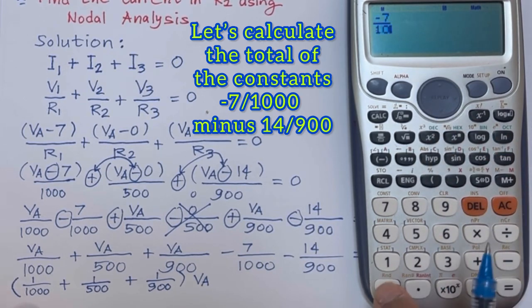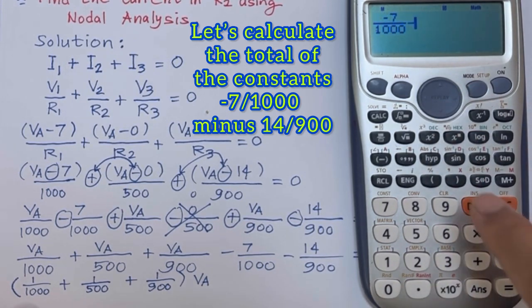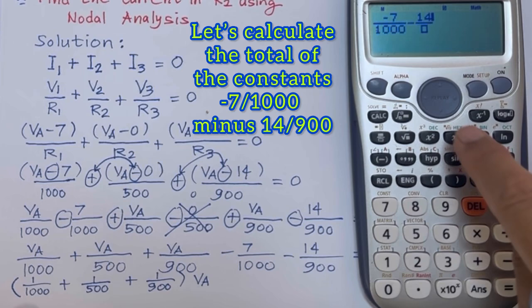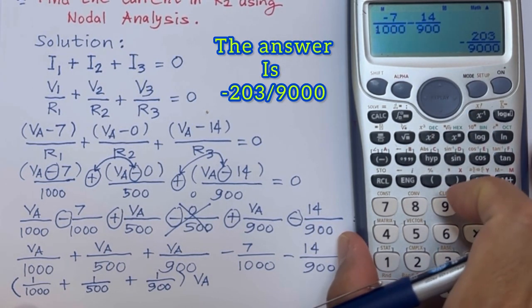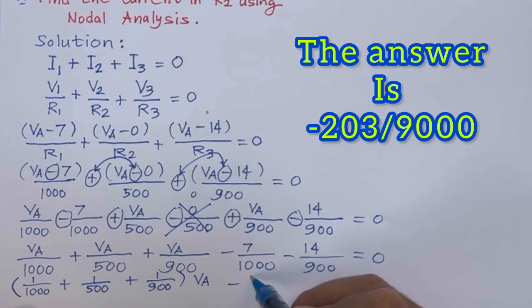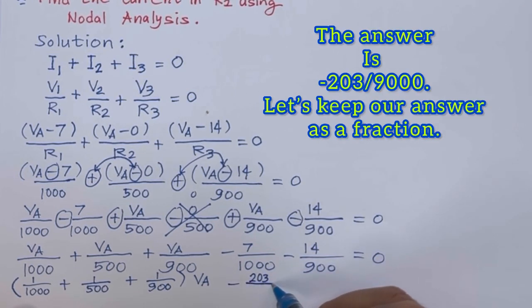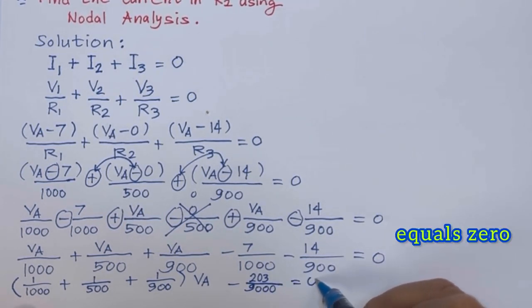So using the calculator, we got negative 7 over 1000 minus 14 over 900, and we got the answer of negative 203 over 9,000. We will just keep our answer as a fraction.